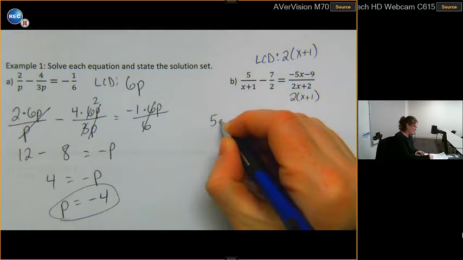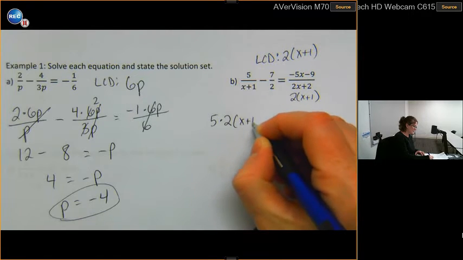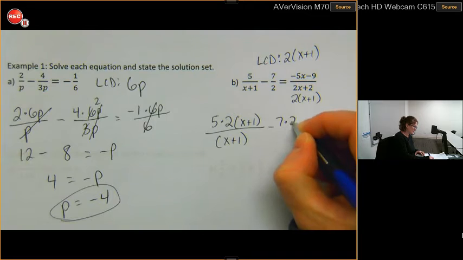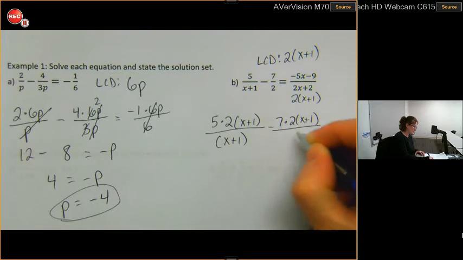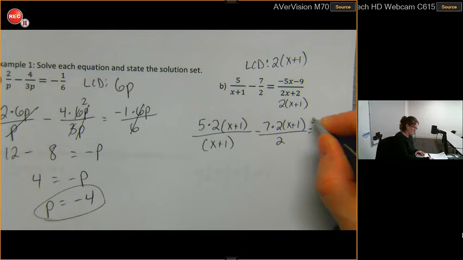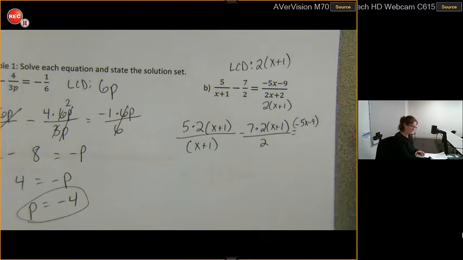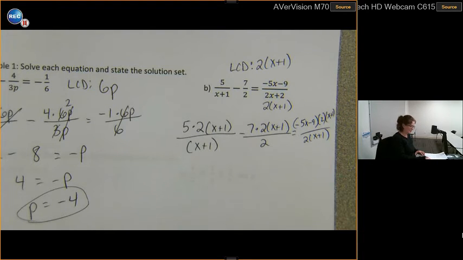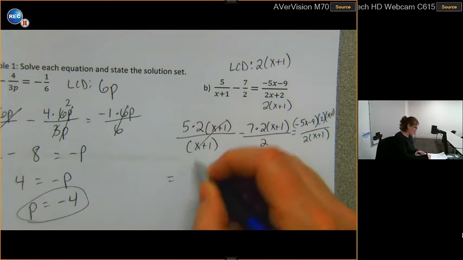Multiply every fraction, squeeze this in here. And then I cancel out.